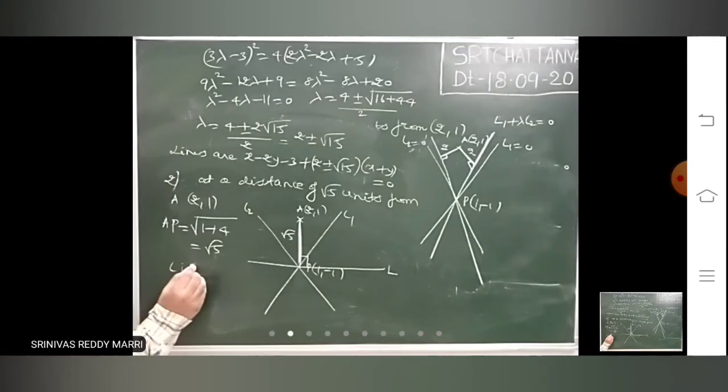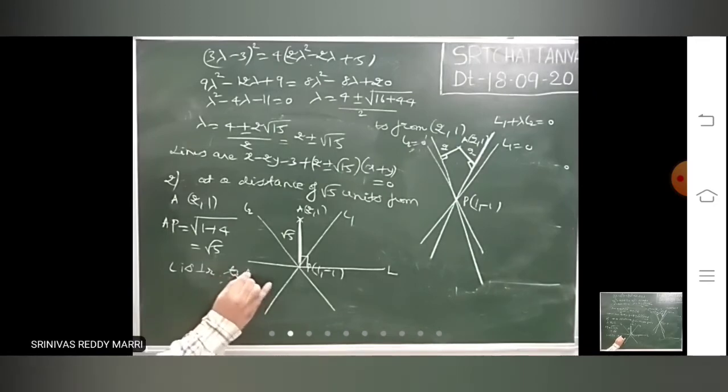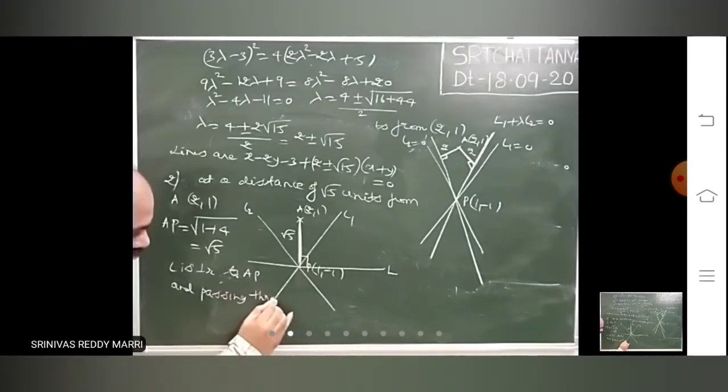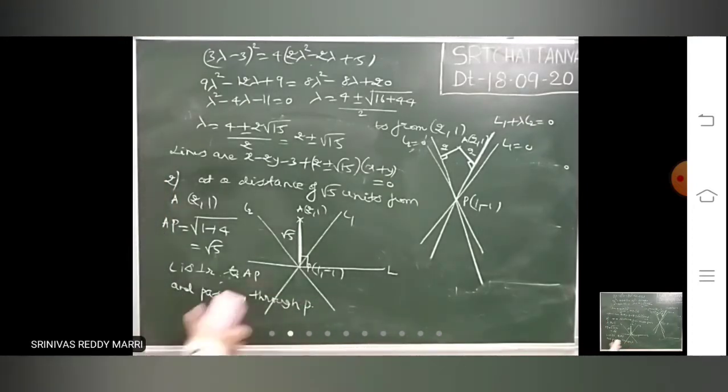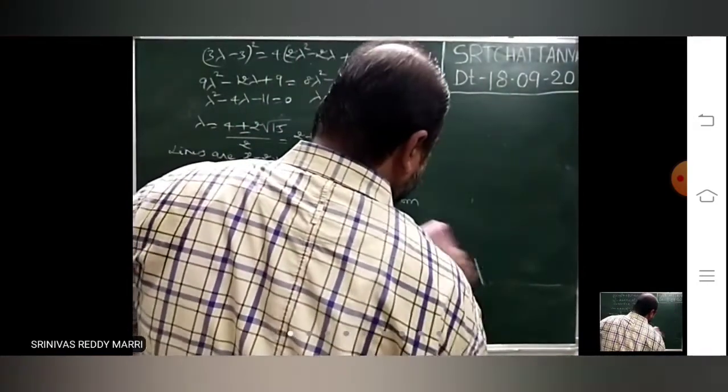The required line is perpendicular to AP and passing through P. That means you can easily find out.